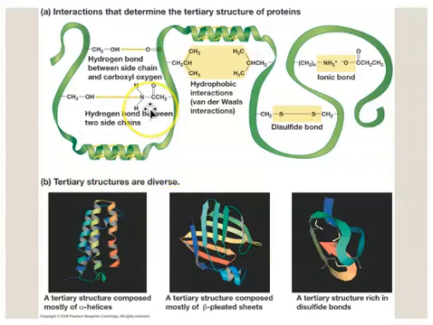If we go back to the green ribbon, sometimes hydrogen bonding creates what we call an alpha helix. If enough hydrogen bonding goes on in one particular area of the polypeptide, you get this helical structure forming.